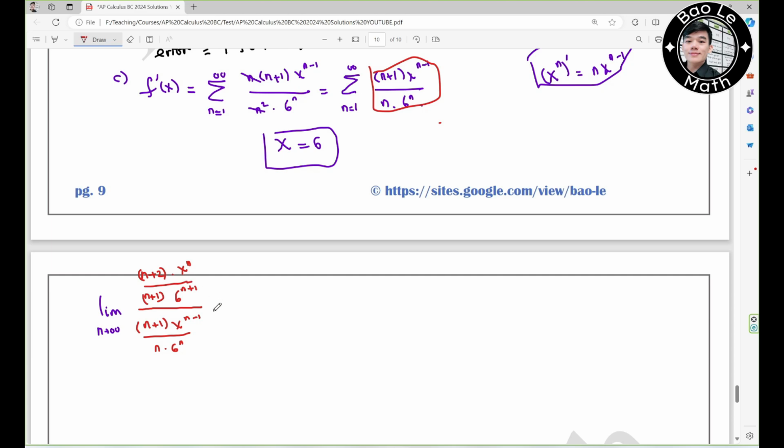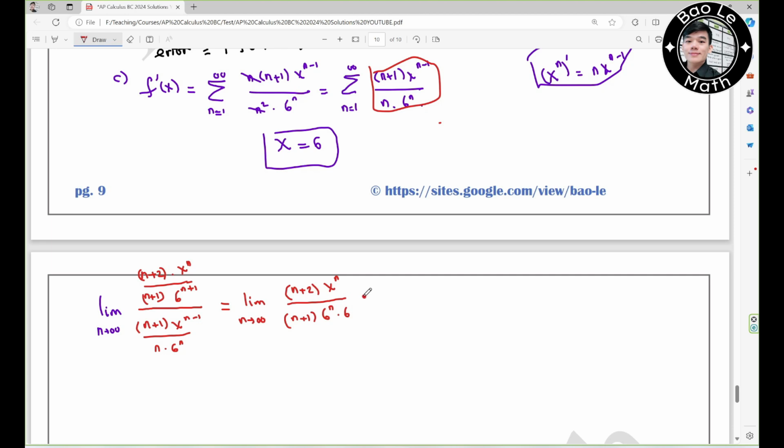Alright, equals the limit when n approaches infinity. Now we just flip this guy, so it turns out to be n plus 2 times s to the n over n plus 1 times 6 to the n plus 1. I just write 6 to the n times 6.